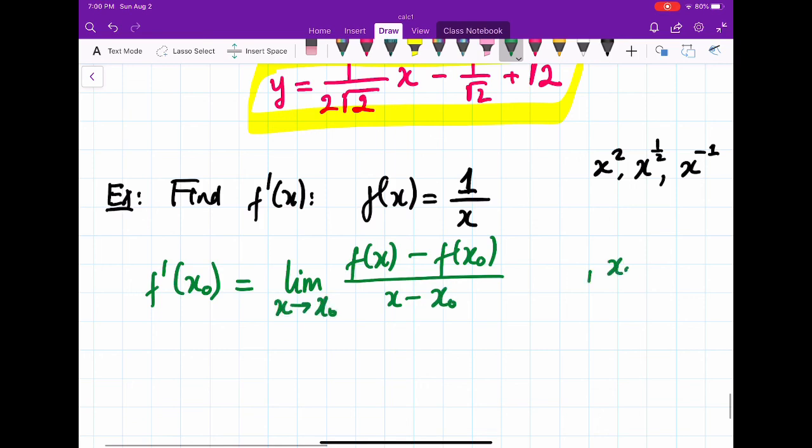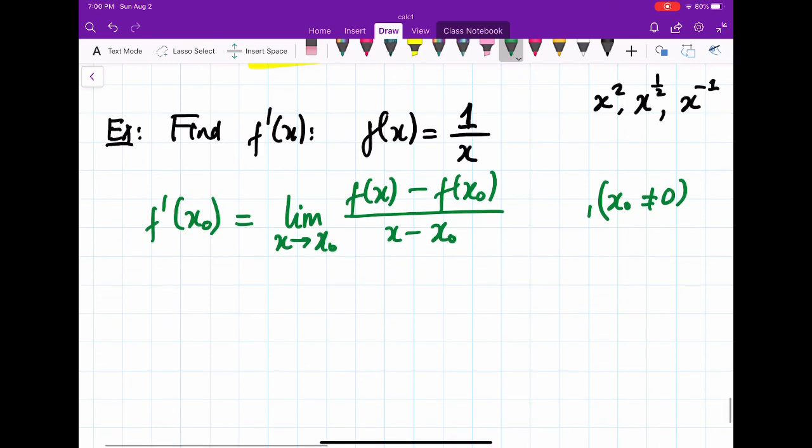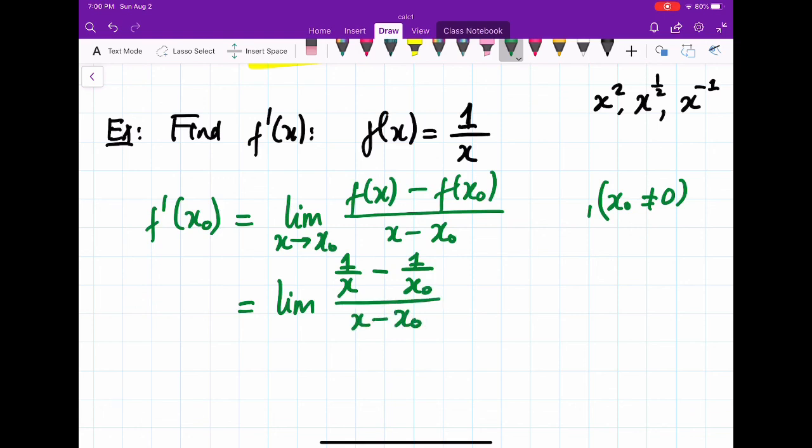Of course, x0 should be different from 0 because the function is not defined at 0. So I just plug f of x and f of x0 into this limit. I have the limit of 1 over x, that is f of x, right? f of x0 is 1 over x0, over x minus x0, x approaches x0.